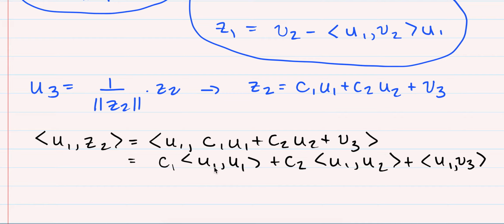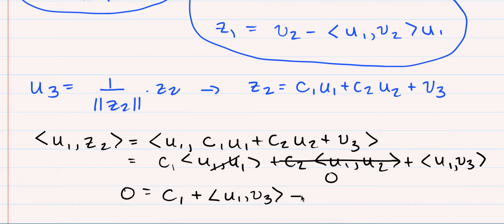The inner product of u1 with u1 is 1, so this is now c1, and we want this to equal 0. But we have the inner product of u1 and u2, which is 0, so that just becomes 0. So c1 plus (u1, v3) equals 0, which tells me c1 is negative (u1, v3). So that goes here.